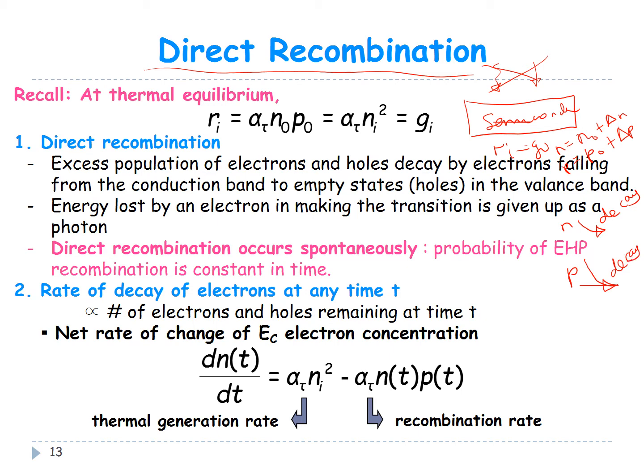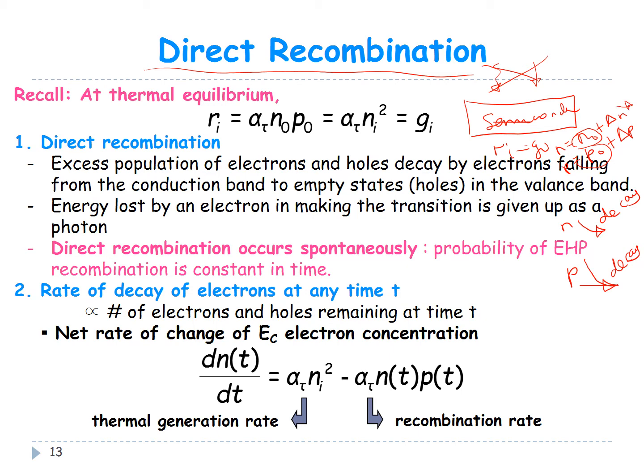So the number of equilibrium carrier concentrations is going to remain constant, but what's going to actually decay are these excess carrier concentrations.